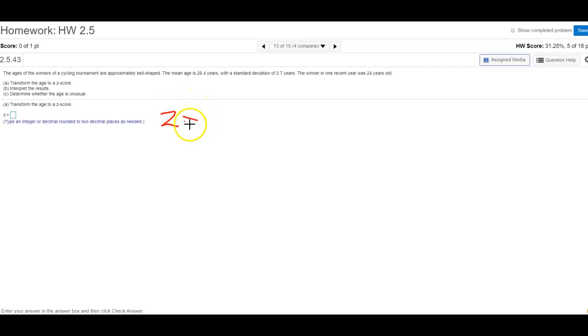The Z-score, Z, is equal to X minus mu over standard deviation.